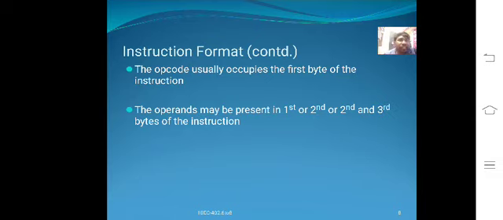The opcode usually occupies the first byte of the instruction.